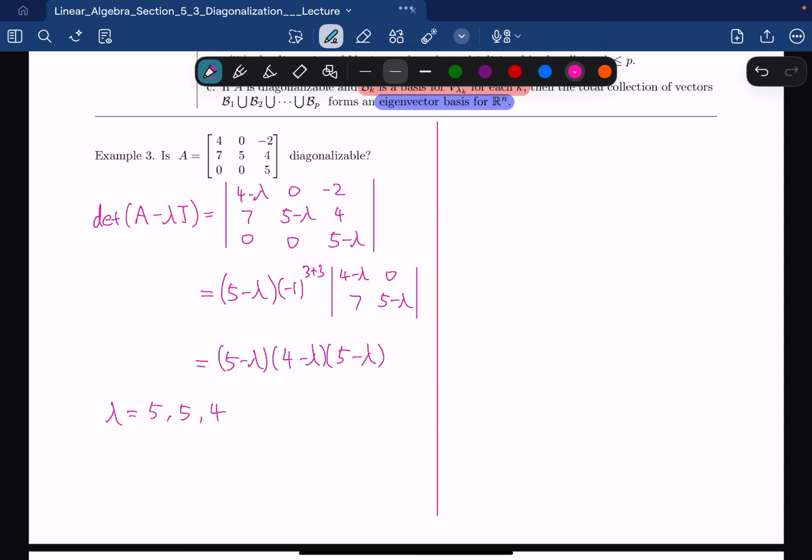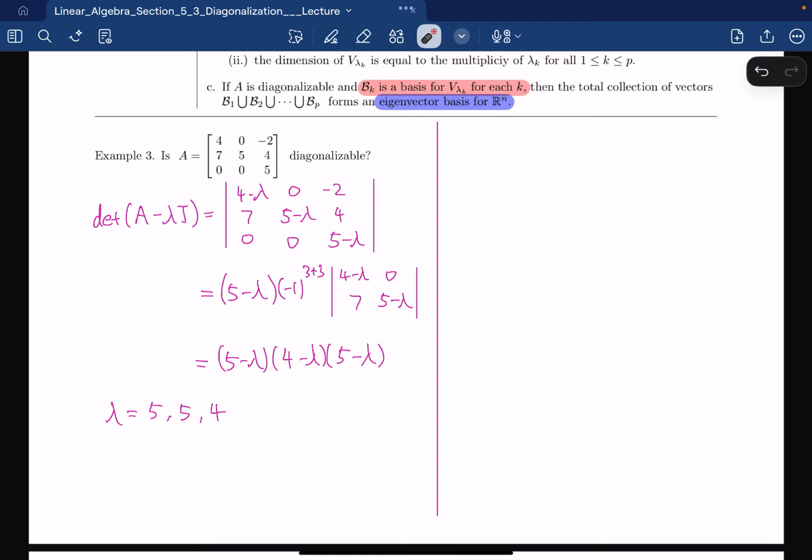So we want to double check that. Okay, and we see that an eigenvalue with multiplicity 1 is going to guarantee an eigenspace of dimension 1. There's just no way around it. So the only thing that potentially will not give you enough dimensions is this eigenvalue 5. Because I need this corresponding eigenspace to have dimension 2.